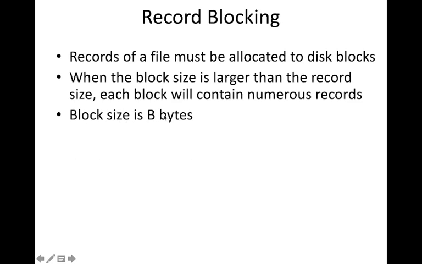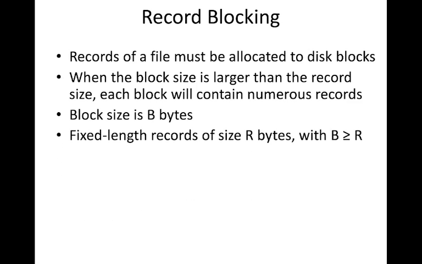So if the block size is B bytes, say 500 bytes, and the record size is R bytes, capital R, then B is greater than or equal to R. For our example, the record size is 50 bytes, so 500 is greater than or equal to 50.